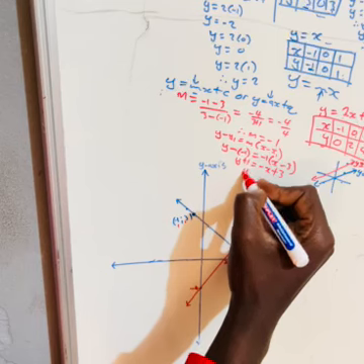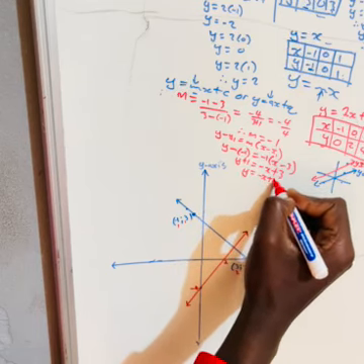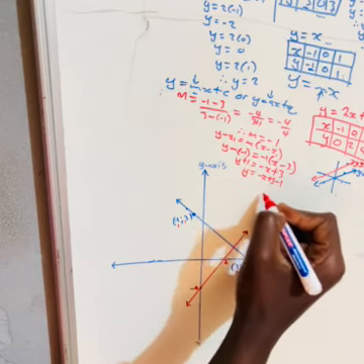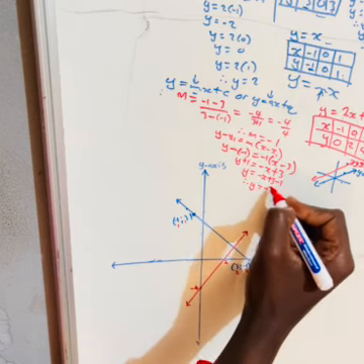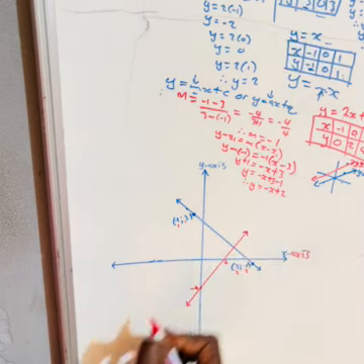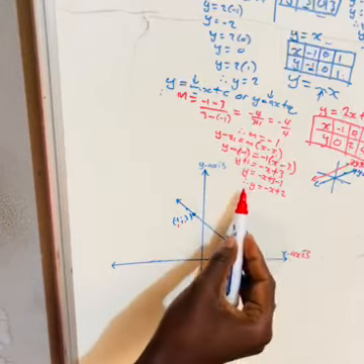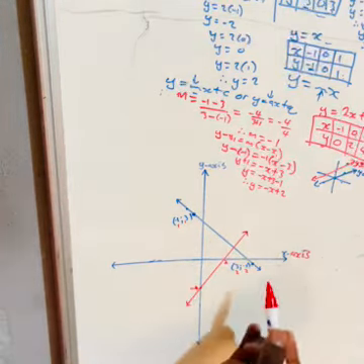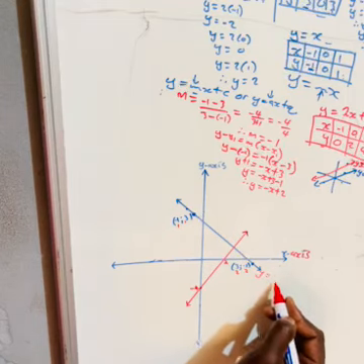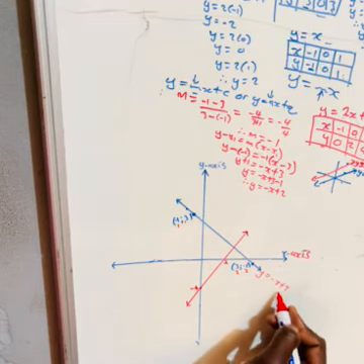So y is equal to negative x plus 3 minus 1. Therefore, y is equal to negative x plus 2, since 3 minus 1 is 2. That is the equation of this straight line: y is equal to negative x plus 2.